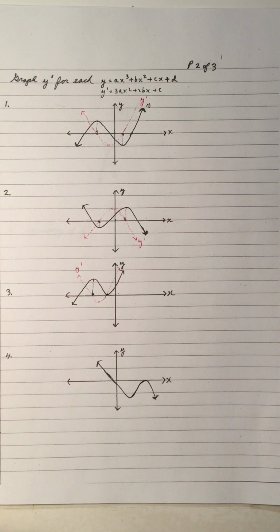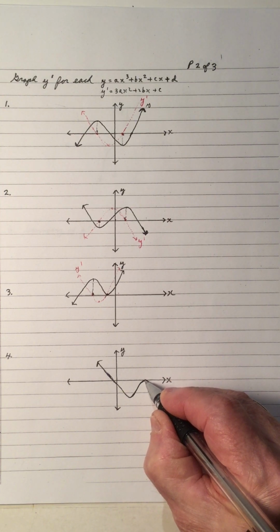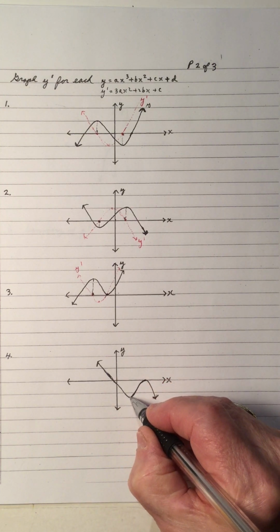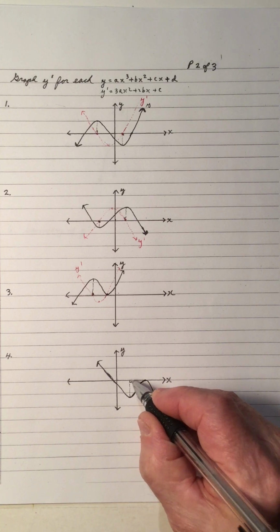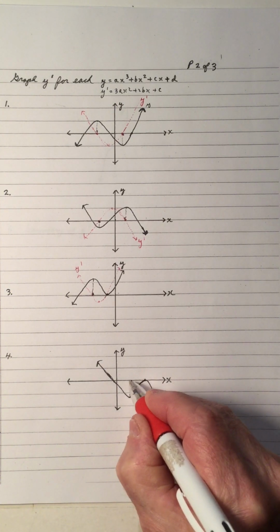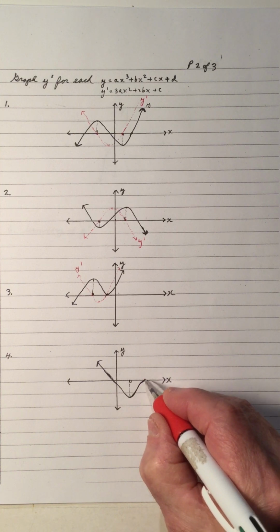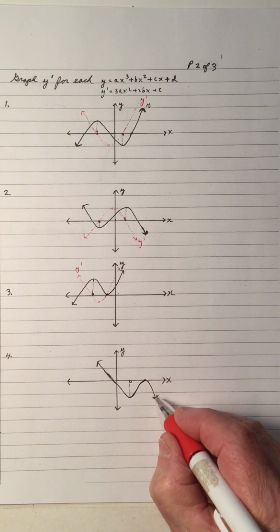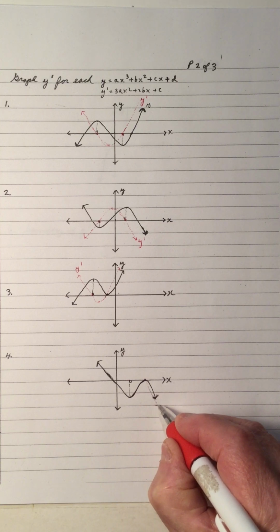Okay, another one. Same again, right here. We have a peak point, which is a maximum, and this is the minimum. So we go perpendicular to the x-axis, and we pick up those values here and here. On this side, the slope of this curve is negative, so we'll come down like that.